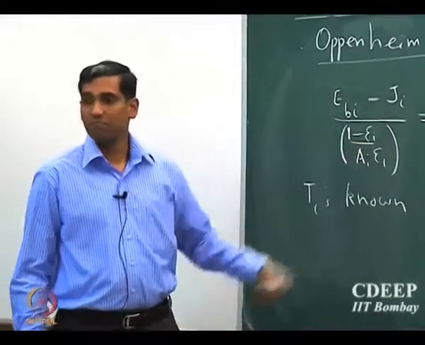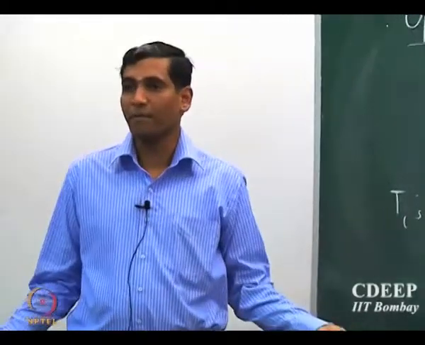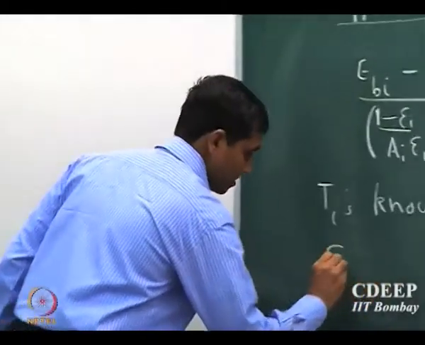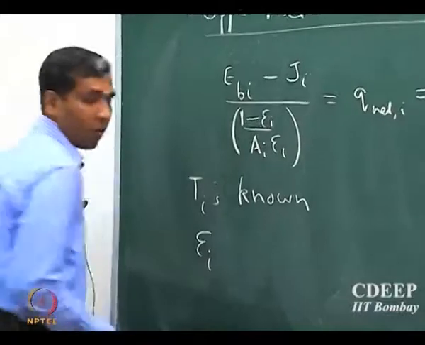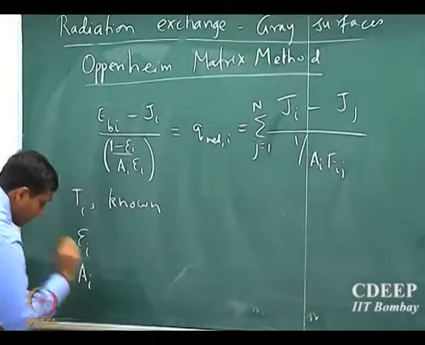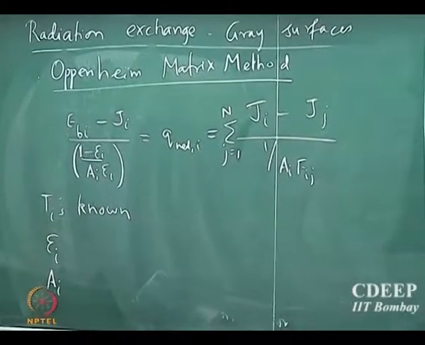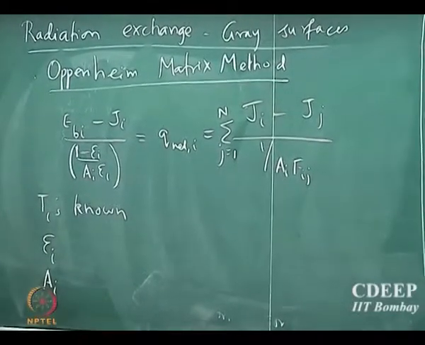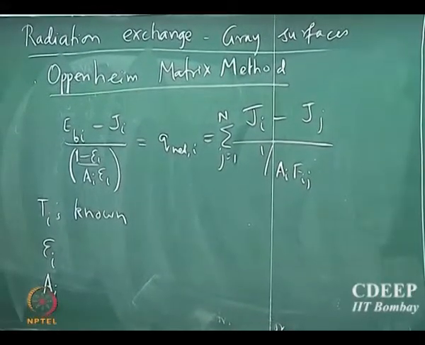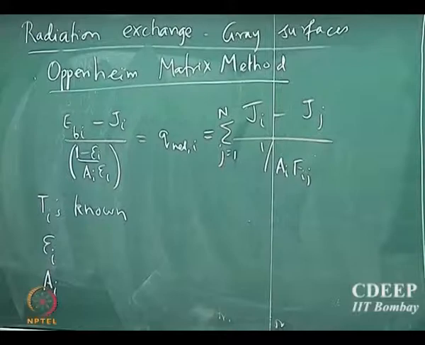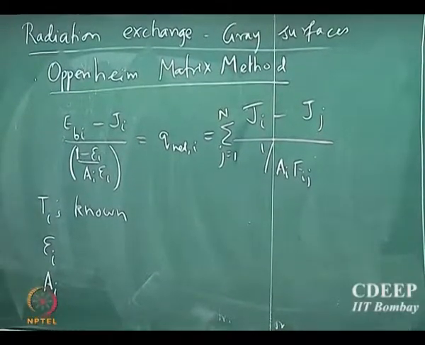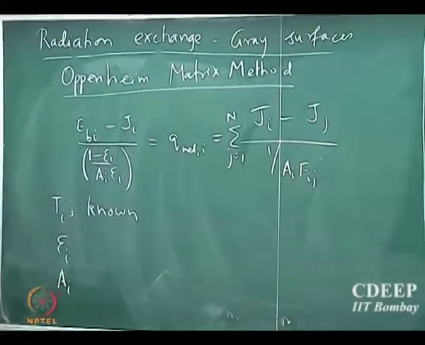Do I know epsilon i? If I say the properties are known, then I know epsilon i. Epsilon i is a known quantity, and I can find out the total area of the surface. What else do I know? If I know the temperatures, I know EBi.